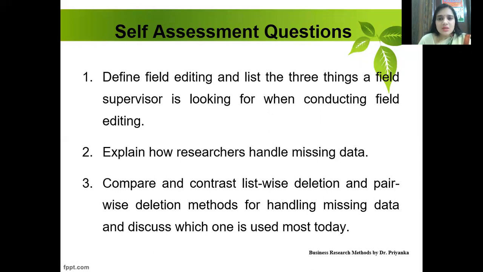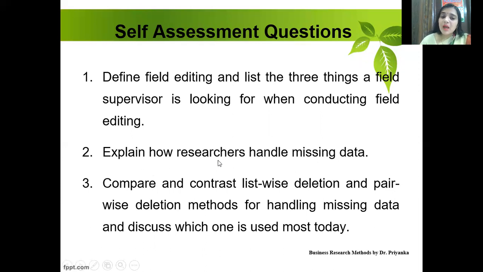So you can just list these three things: technical omissions, checking of legibility of handwriting, and clarifying the responses which are logically inconsistent. And you can define these things with the help of examples we have discussed in the presentation.